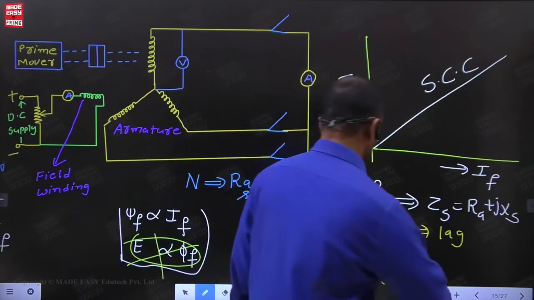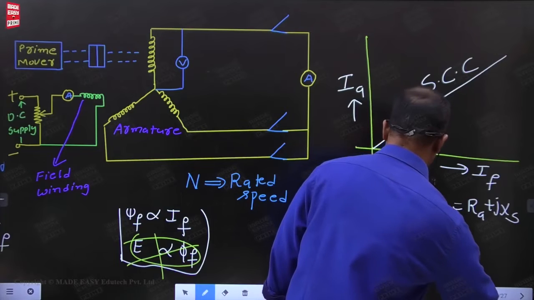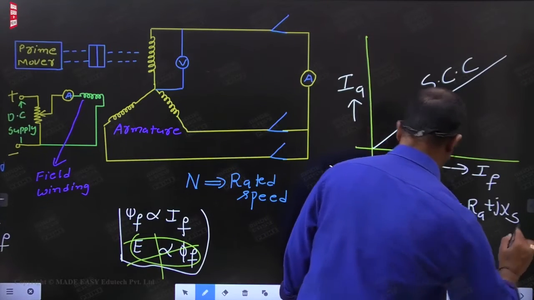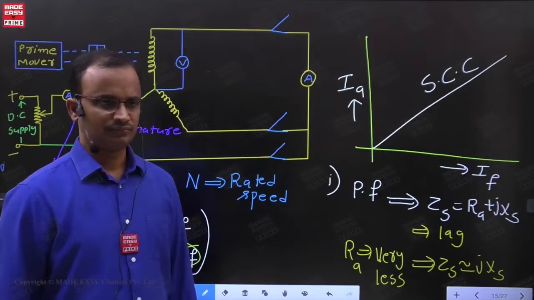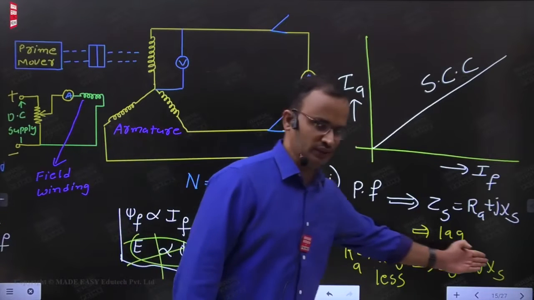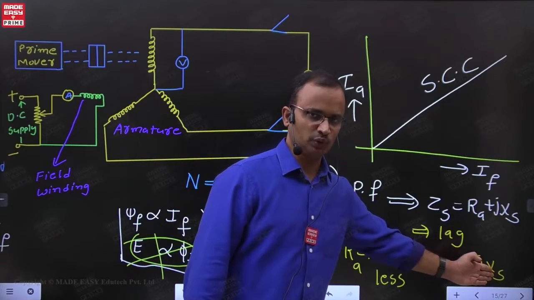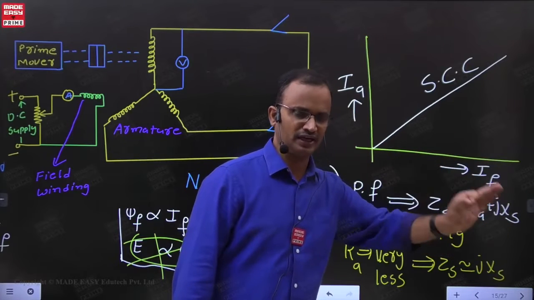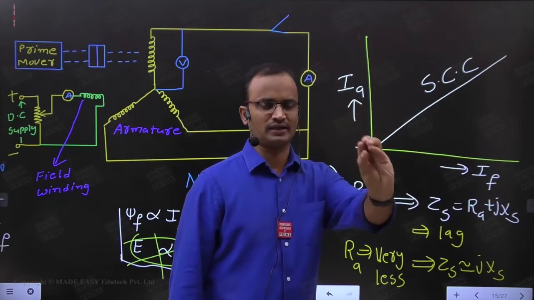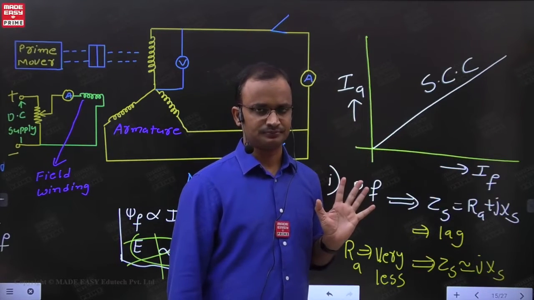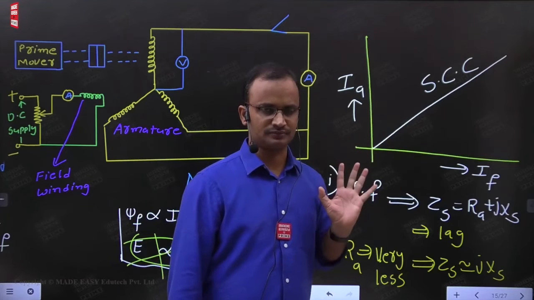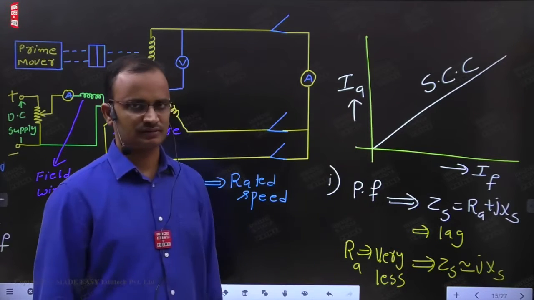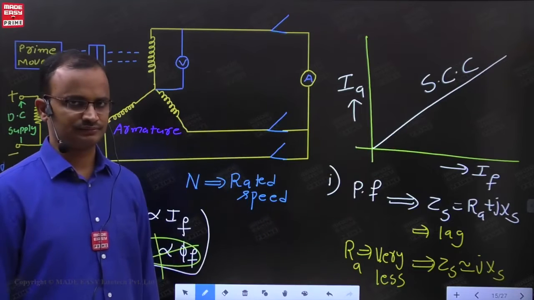If Ra is very less, then we can conclude this way: Zs is approximately equal to Xs. At that instant, we can consider it only inductive nature. That's why in the options, if lagging and more lagging are present, more lagging is the appropriate answer. The reason is that Zs is approximately equal to Xs.